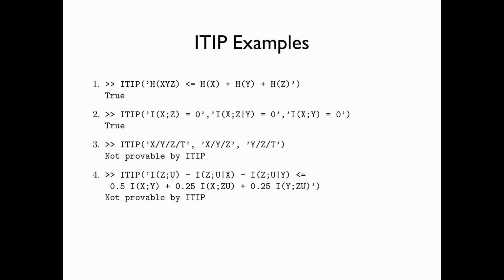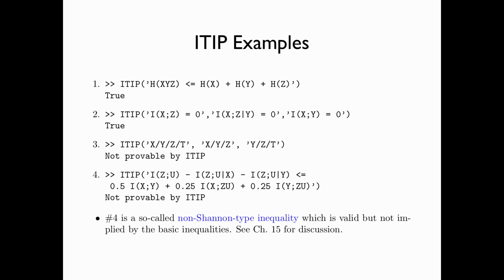This is not provable by ITIP, but in fact this is true. The last inequality is a so-called non-Shannon type inequality, which is valid but not implied by the basic inequalities. See Chapter 15 for a discussion.